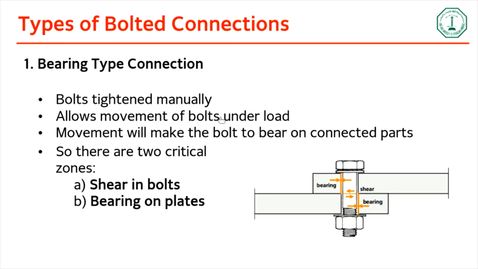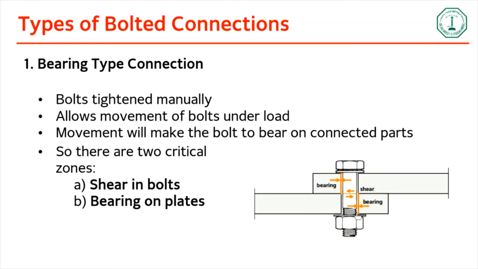For example, you're pulling this tension member on these two sides, or you can say pulling or pushing, it doesn't matter. You see that you allow this bolt to move and bear on these surfaces. For example, you see in this figure that there are two critical zones that are considered while designing a bearing type connection.